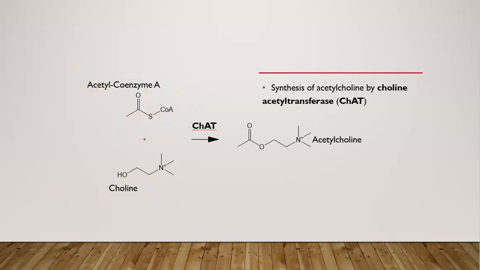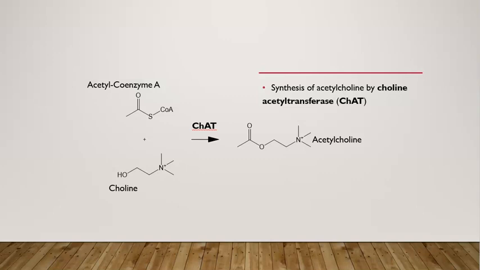So, CHAT is choline acetyltransferase. It's a type of enzyme that helps in the synthesis, and it is used to identify cholinergic neurons in the central nervous system, because only cholinergic neurons have this synthetic machinery for producing acetylcholine. And we can visualize CHAT by using immunohistochemistry.